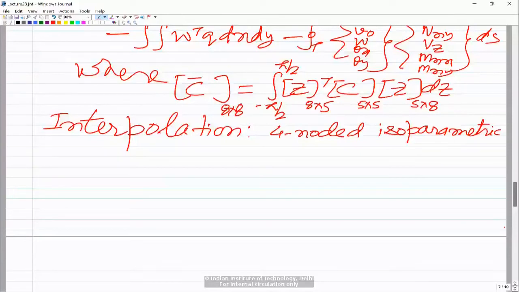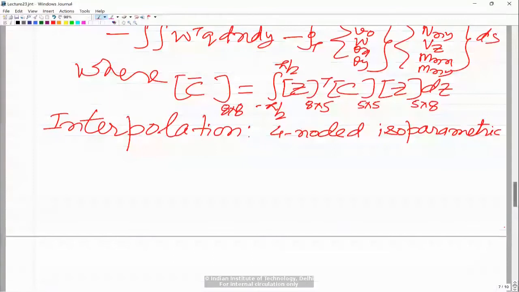You can formulate a triangular element with the displacement variation along x y: u naught as a linear function of x and y, v naught as a linear function of x and y, w as a linear function of x and y, theta x a linear function of x y, and theta y as a linear function of x y. So that is also possible. You could think of all the different kinds of elements which can be formulated for this problem, as we have defined the integral functional, and we know the primary variables, the differentiability requirement and the inter-element compatibility requirement. What I am talking about here is the 4 noded isoparametric element.